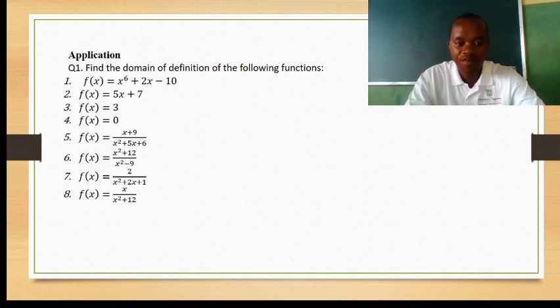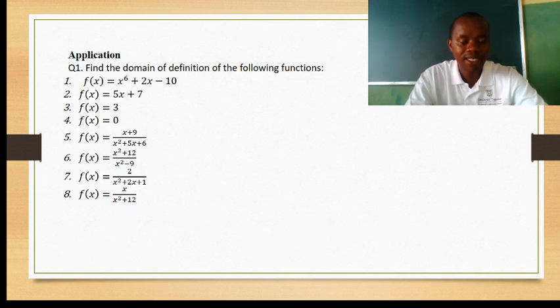For function number 6, I think you have seen that the numbers which make the denominator equal to 0 are -3 and +3. This means that the domain of definition will be the set of all real numbers except -3 and 3.